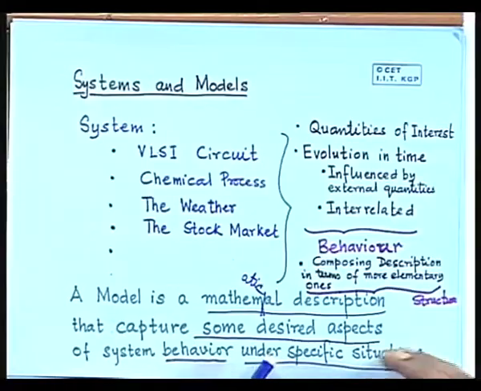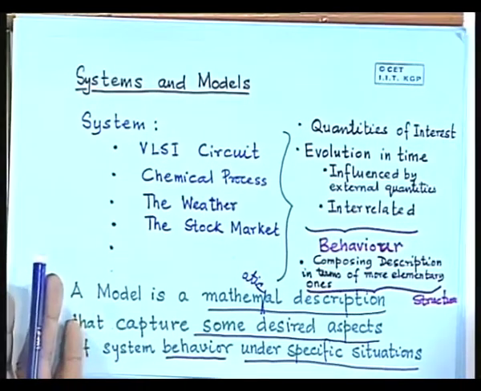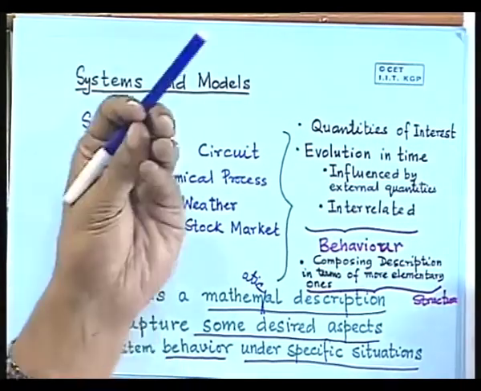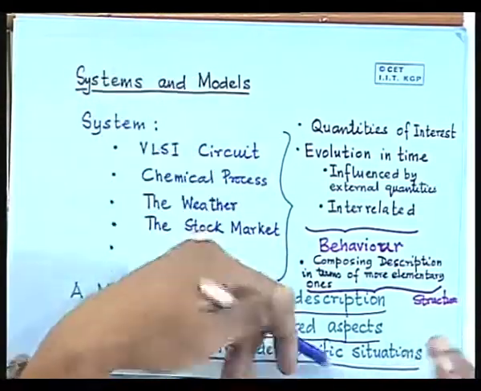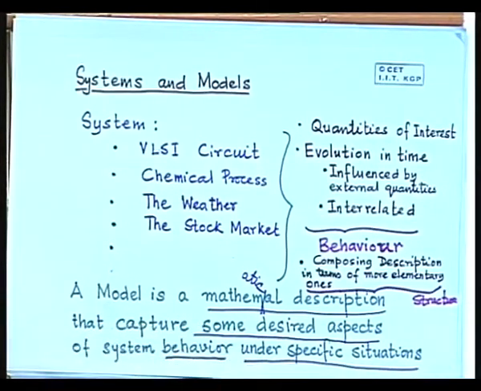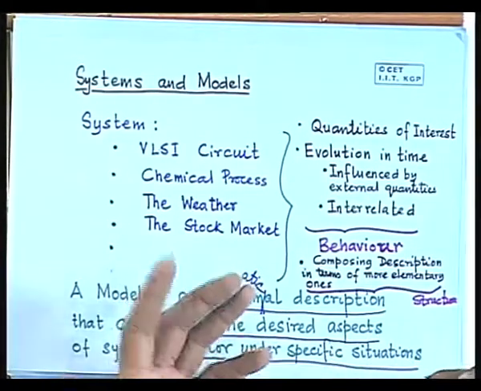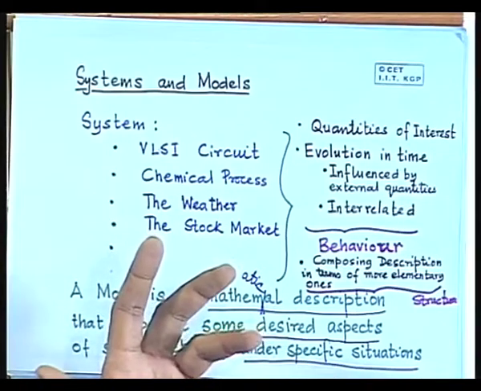So you may not be interested in constructing a grand mathematical model which describes the system under all situations. You may be concerned with very special kind of situations. So you build a simple model for that. For example, when we first learned circuits, in many cases we are not concerned with what the power loss is.